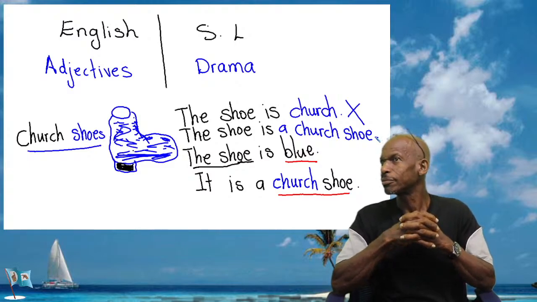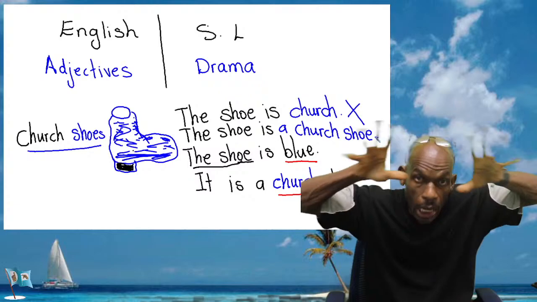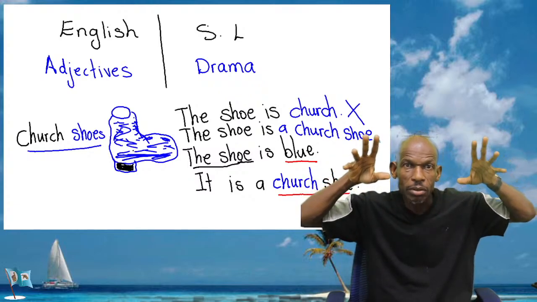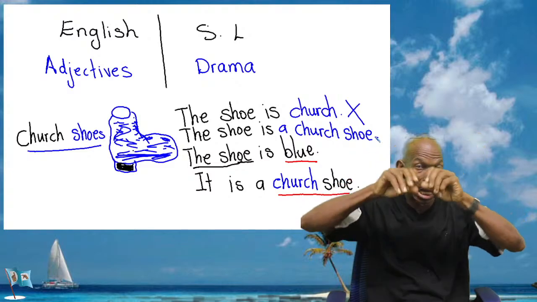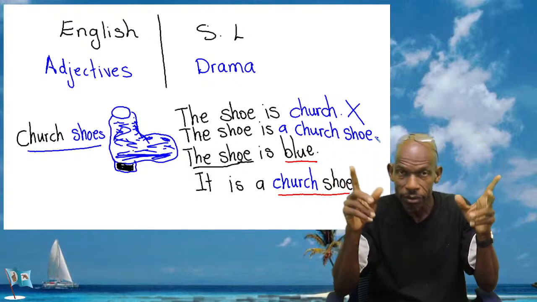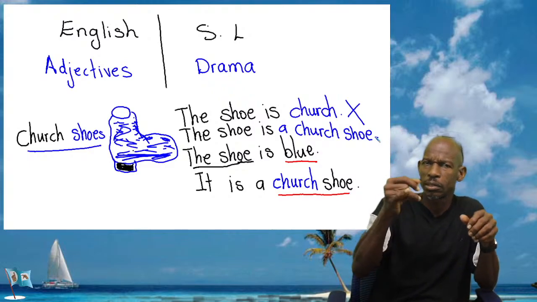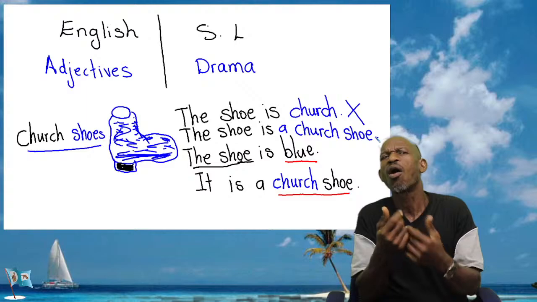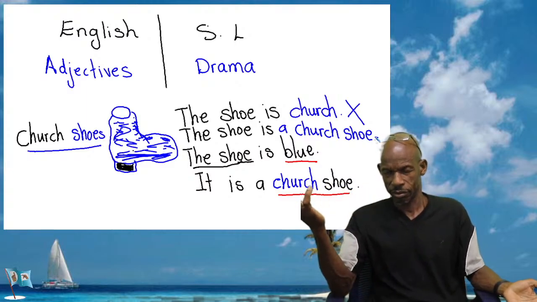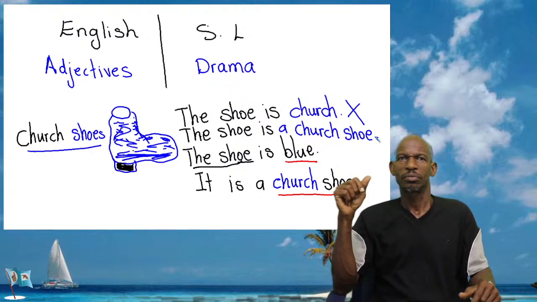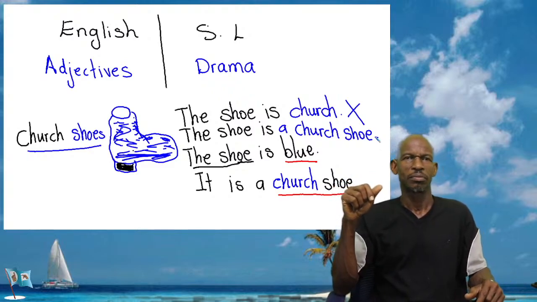Okay, so those people who were selecting the adjectives, very good, Sabriki. Those who were selecting the adjective for shoe, you have to be careful how you use certain words. This is the difference between sign language and English.